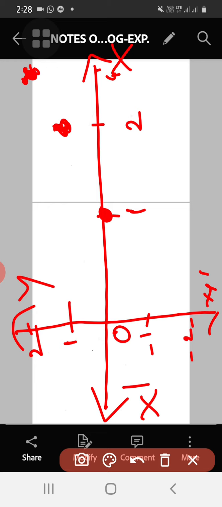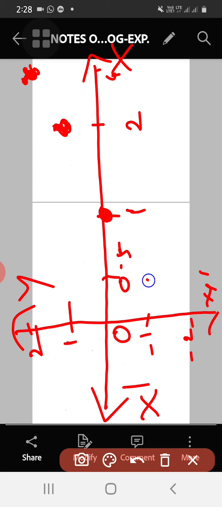Then let's take some of the negative values. So if x is equal to half, that is 0.5, then what is the value of y? Minus 1.